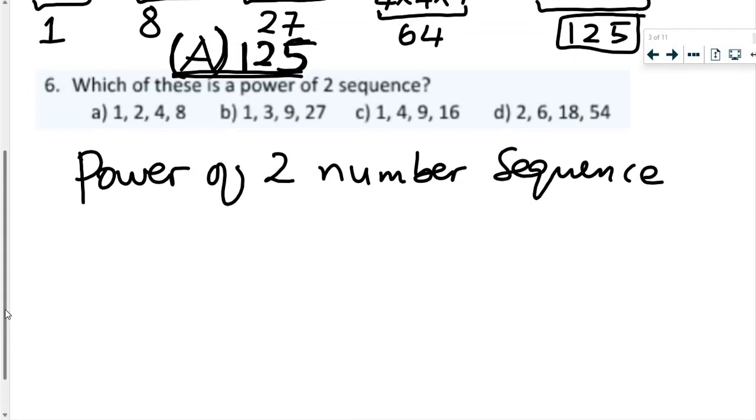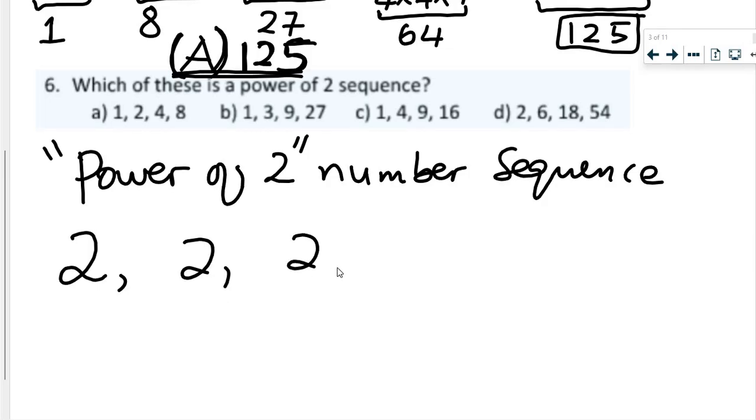Power of 2 number sequence. When we say power of 2, these are all numbers that have the base of 2, and so on.